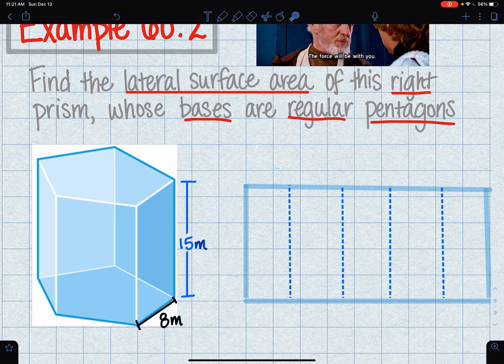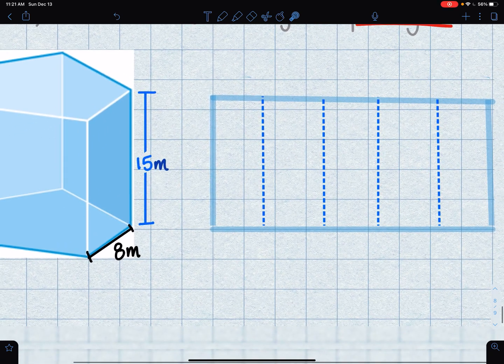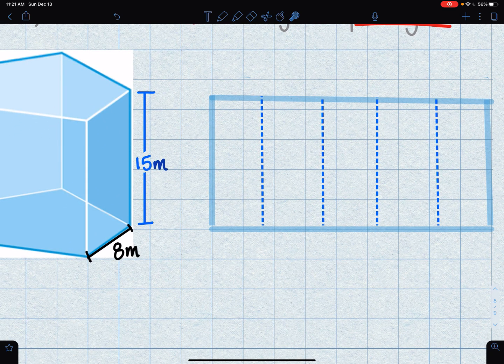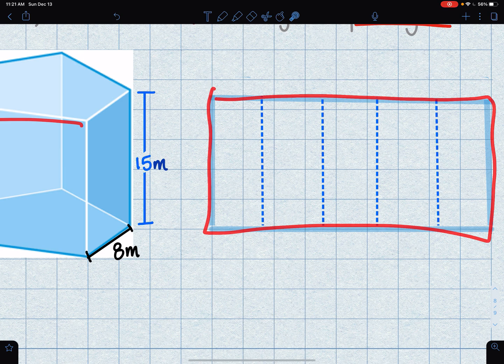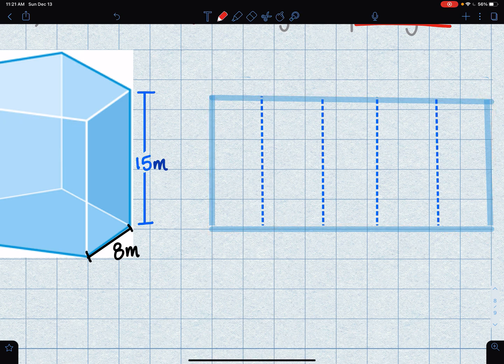You don't have to do this in your homework, but I want you to realize what you're doing is kind of like taking a label all around the side and stretching it out. And this is how it's stretched out now. So if we stretch it out, then this would be 8 meters from there to there, right? But these would also be 8 meters because it's a regular pentagon and it's the same. And what would the height be?